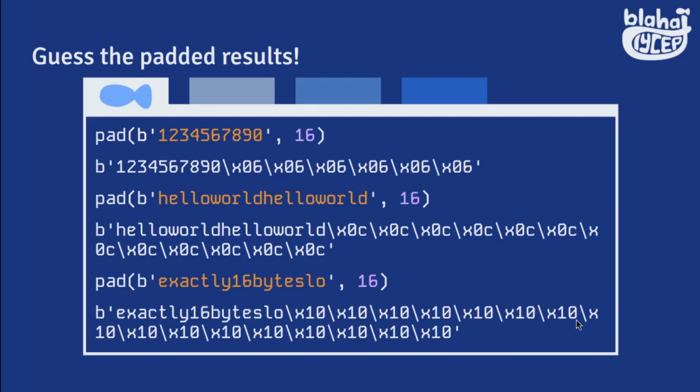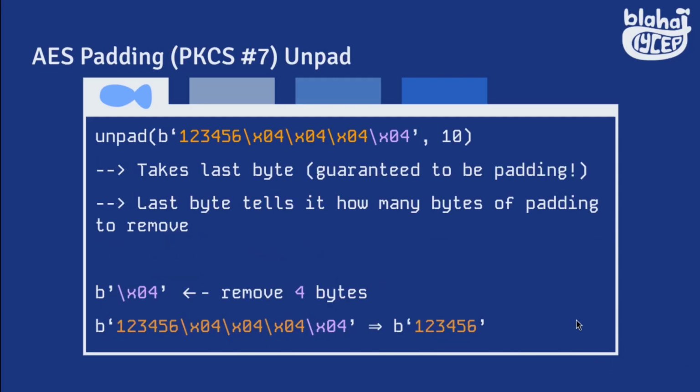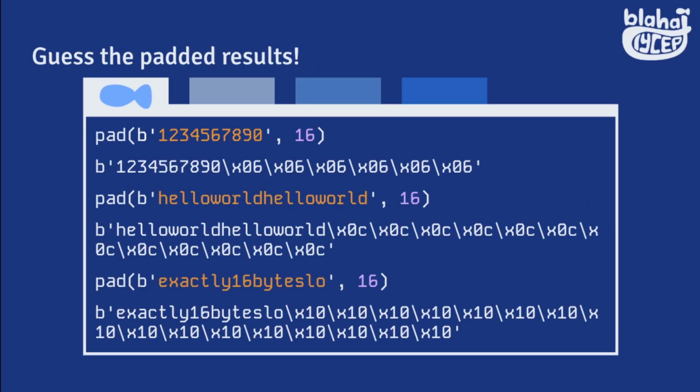Okay, so again, this is the answer. Any questions as to why there's always padding added, even with exactly 16? You can take a guess. We'll go through it on the next slide. You might be able to get something from that. We haven't gone through that, so it's fine to just take a wild guess.